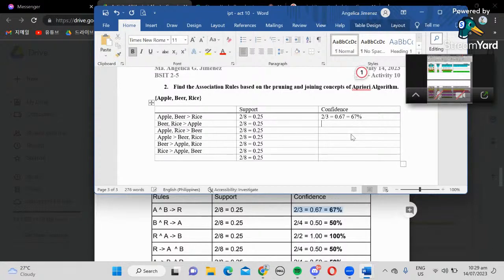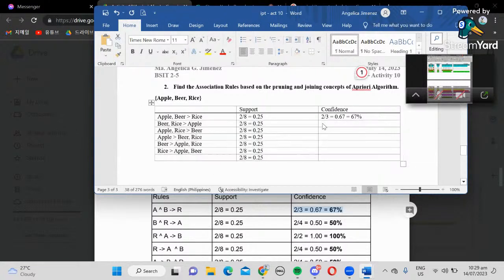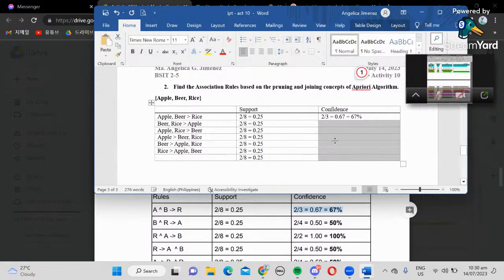Then, 1 minus 0.5 over 1 minus 0.66. Then, yung ano po is 1.5. Okay, thank you, Dayan. So, as of now, Ben, ilan na yung ating valid association rules? 6 na po. Okay, 6 na.